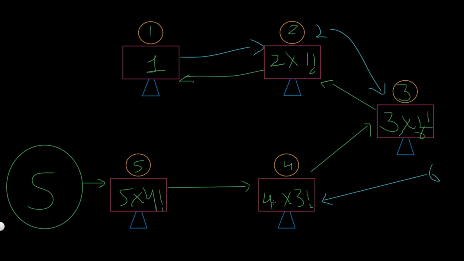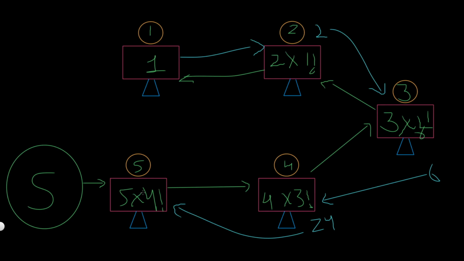And now this computer can tell that the factorial of 4 is 4 times 6, and that is 24, and now it can return 24 to this method, and this method now needs to tell us what is the factorial of 5, and the factorial of 5 is 5 times 4's factorial, and 4's factorial as given by this instance of the method is 24.